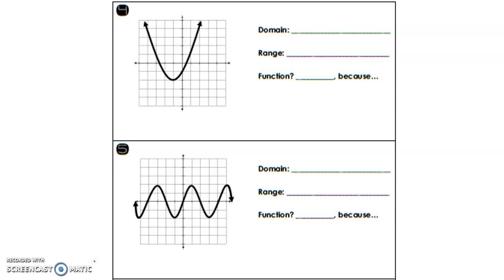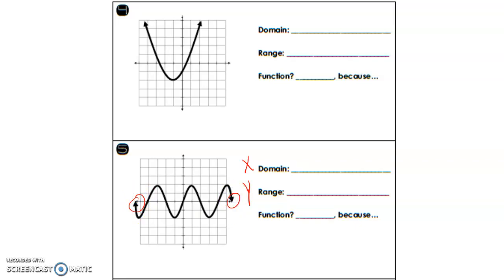So we're continuing with continuous graph number 5. Just to review, domain is all of my x values, range is all of my y values. So domain goes from leftmost to rightmost point. My leftmost point is here, my rightmost point is here.